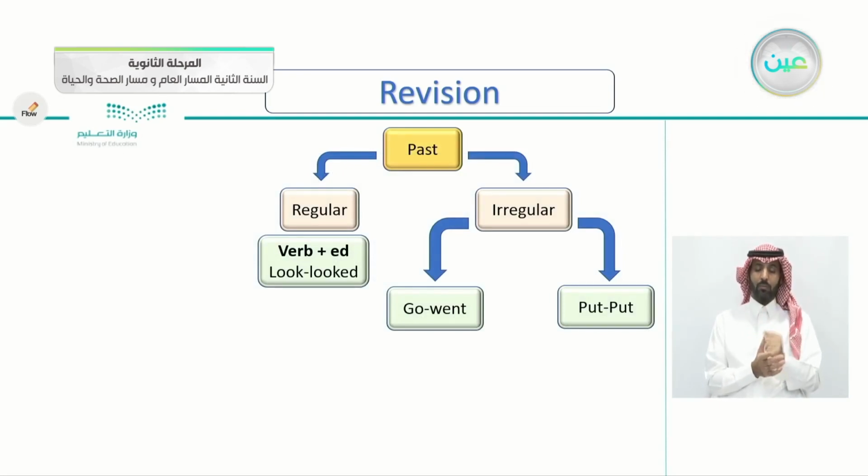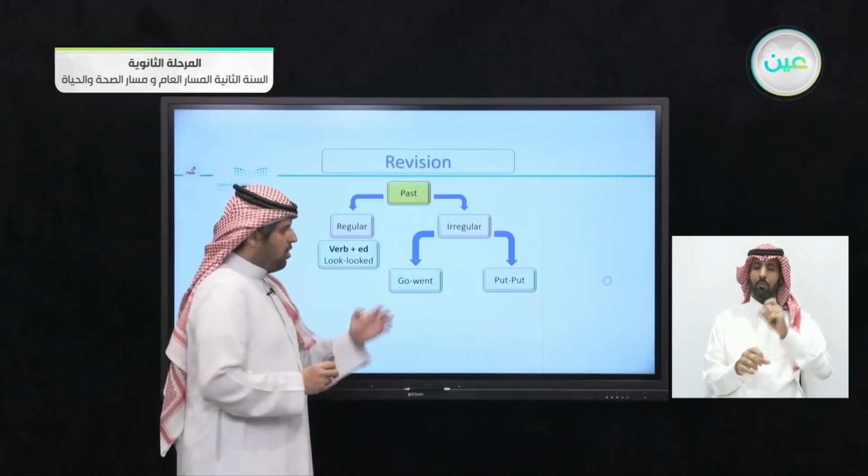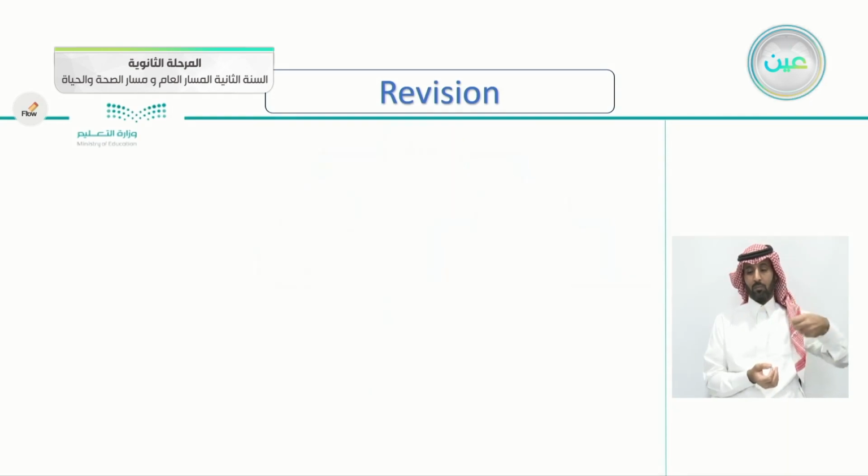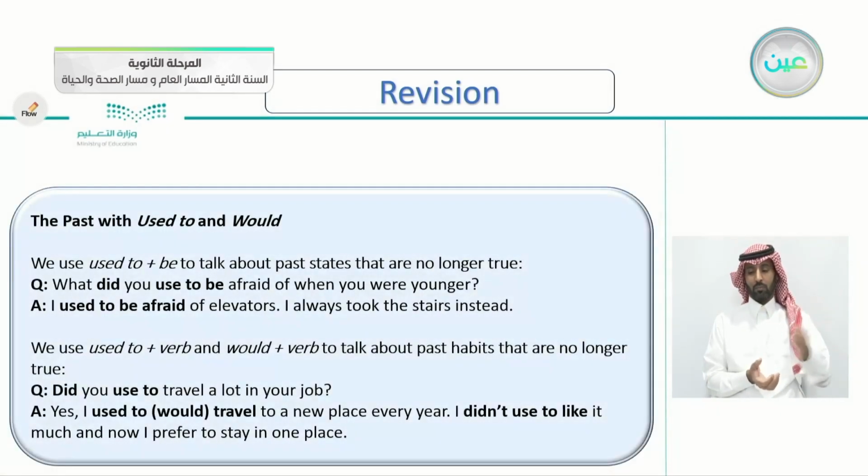The regular, we add ed to the verb. The irregular either remain the same, like put or cut, or we change the whole word, just like go, went, and speak, spoke, and so on.